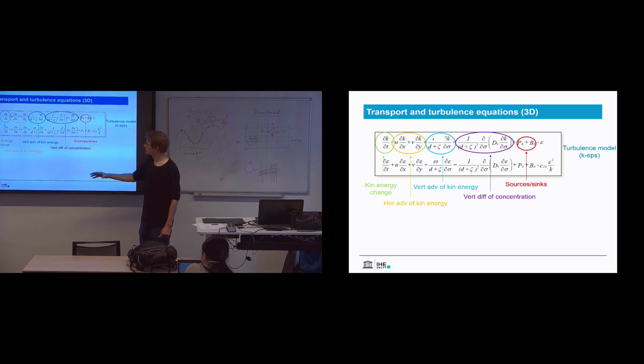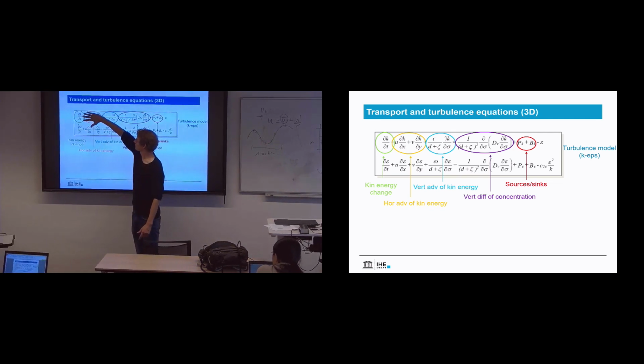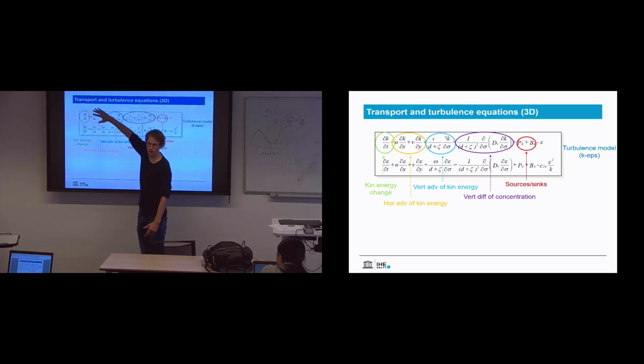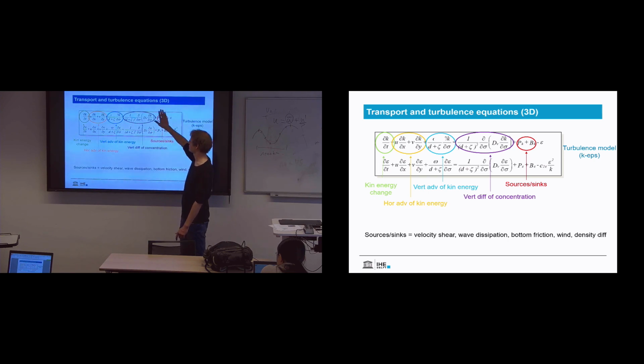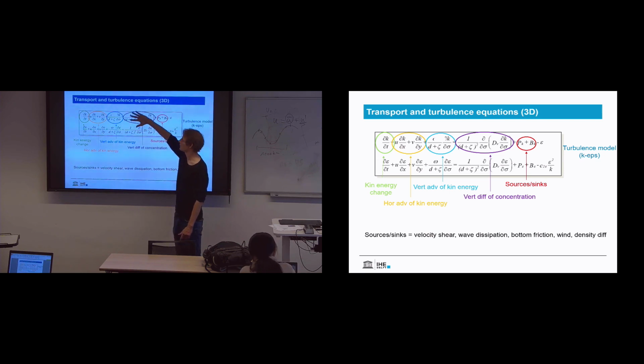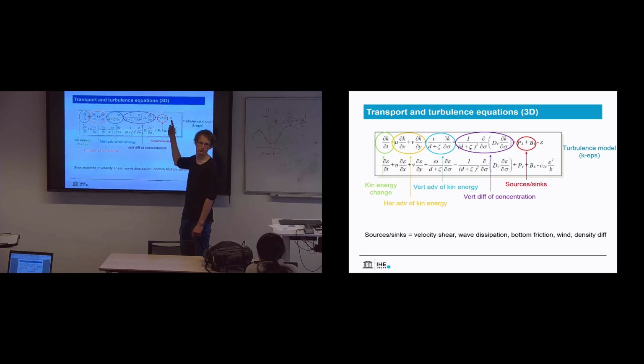So you could imagine that if you have a stationary situation, then this drops out, advection is 0, because it's stationary, total derivative is 0. Well, let's say you don't have production or buoyancy, so then that drops out. Let's assume that the diffusivity is very small as well, because you don't have flow. Then basically your change in time is then basically your energy dissipation, right? So that sort of explains the coupling between the two equations.